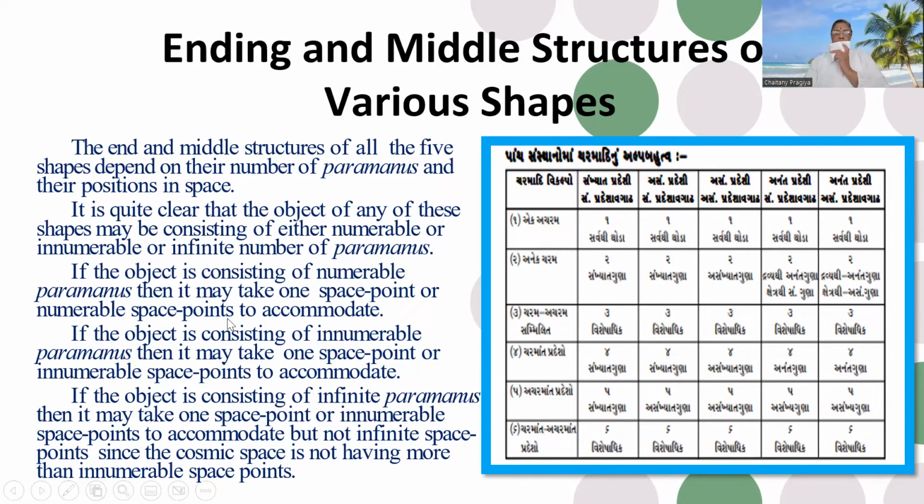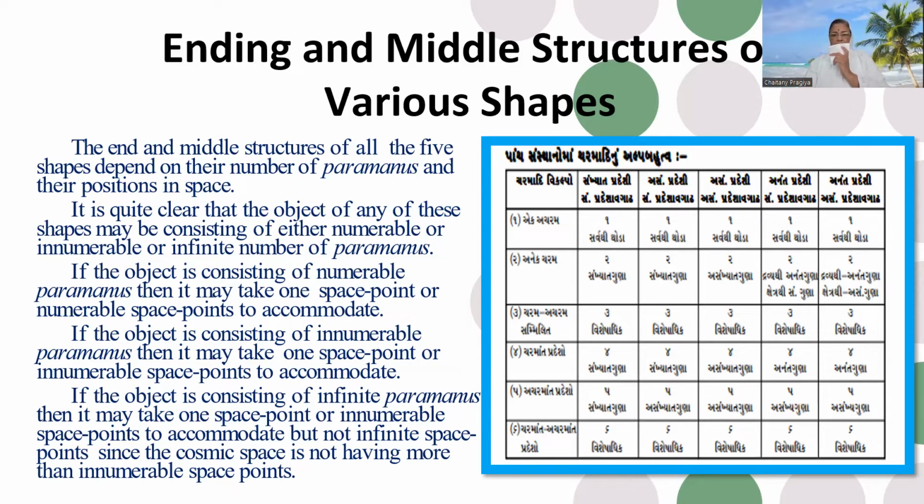So the objects which consist of 2 to infinite numbers of atoms, what can be their position in space?